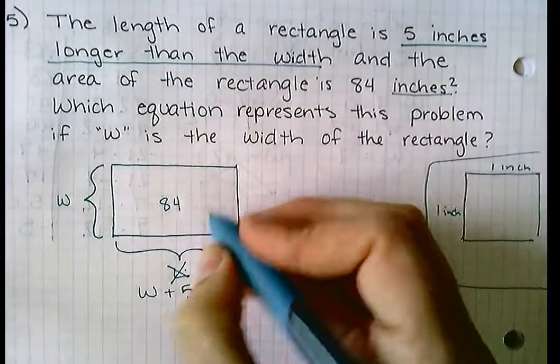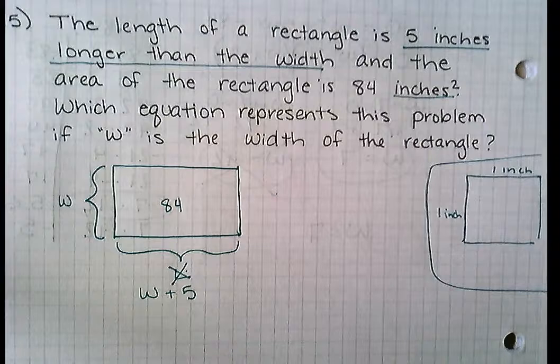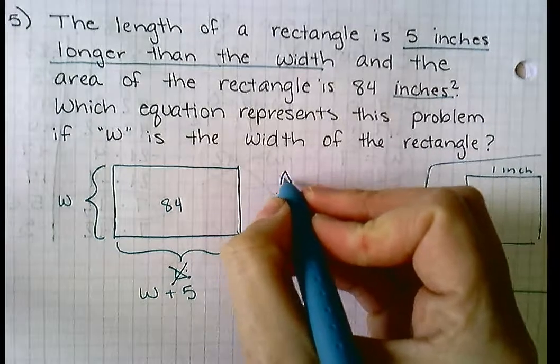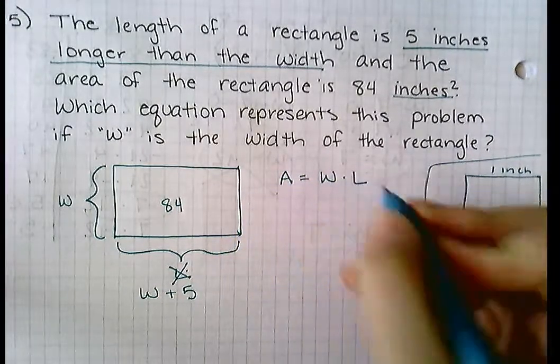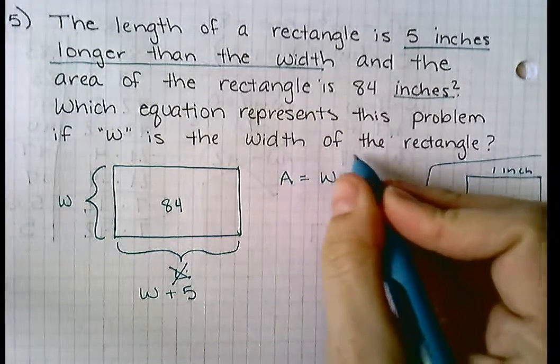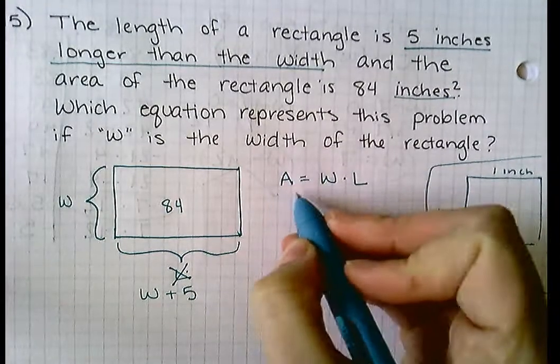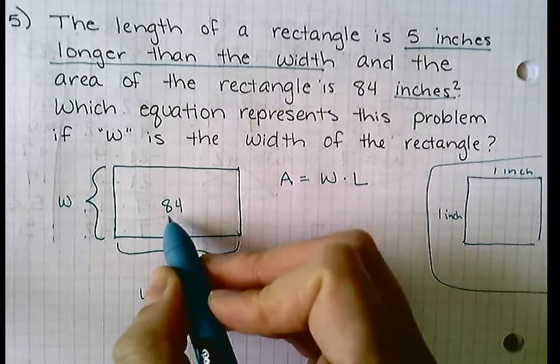So there's a setup here that you're supposed to have in your memory, and that is the area is equal to the width times the length for rectangles. This is background information that's just memorized. So let's fill in this example.